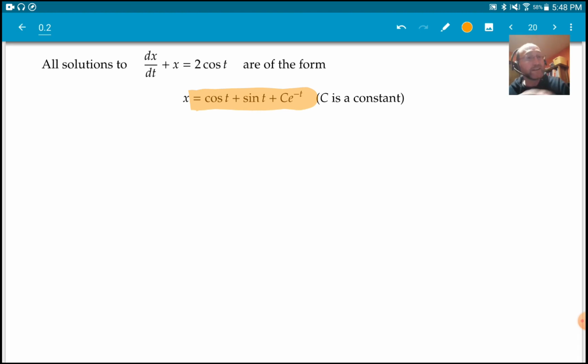So here it's multiplying the e to the t, and it's really important to have it there, because if we want to find all solutions, we're going to then be looking for some particular solution, the one that we're actually interested in, and that might be for some particular c. And if we don't put the c in there, we won't be able to solve it.